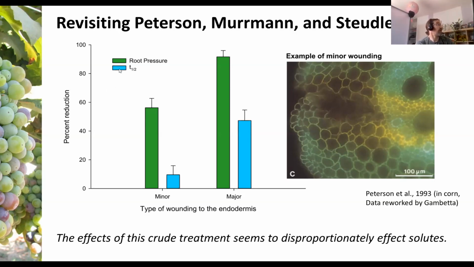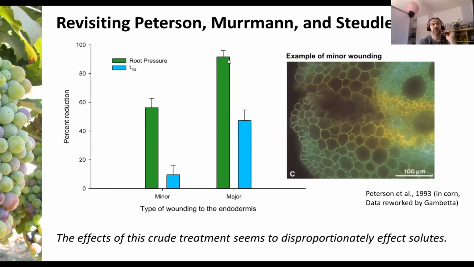So what they found was when they minor wounded it or major wounded it, on this axis, it's the percent reduction in whatever it is, either root pressure or the half time. They really, really affected the root pressure. So this pointed them to think that, okay, when I really mash the root or really mess with these structures, I'm really changing ion flow in and out of the root.